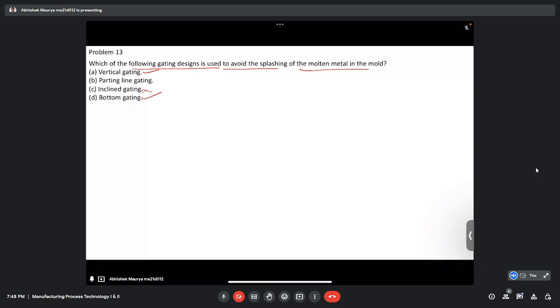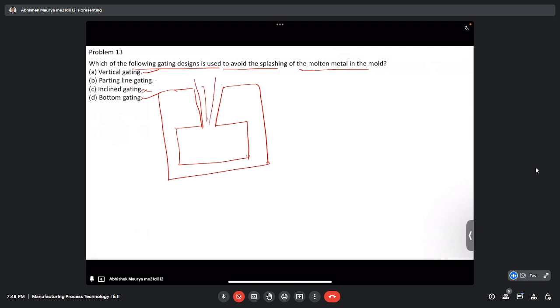In vertical gating, we have a mold something like this, and this mold is getting filled directly from the top. So molten metal is coming here. This is the vertical gating.